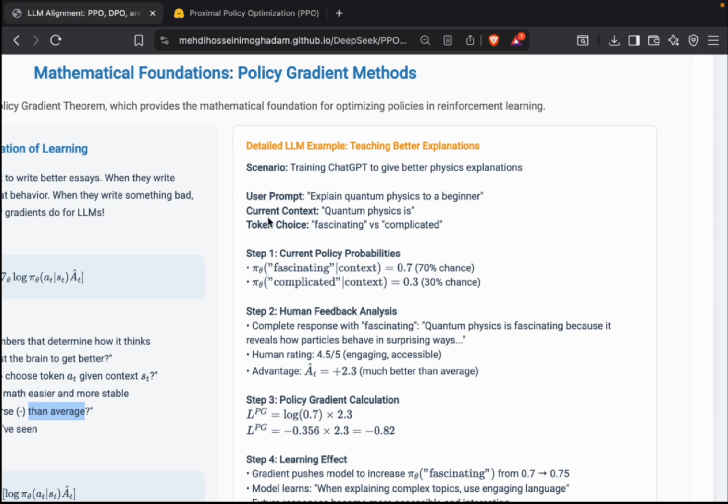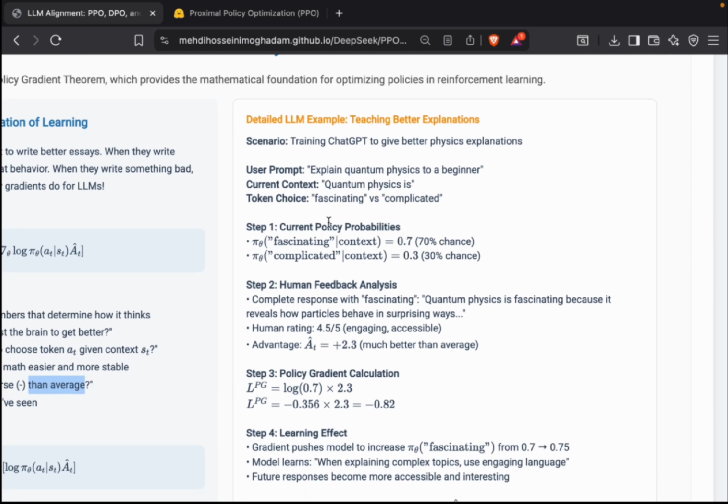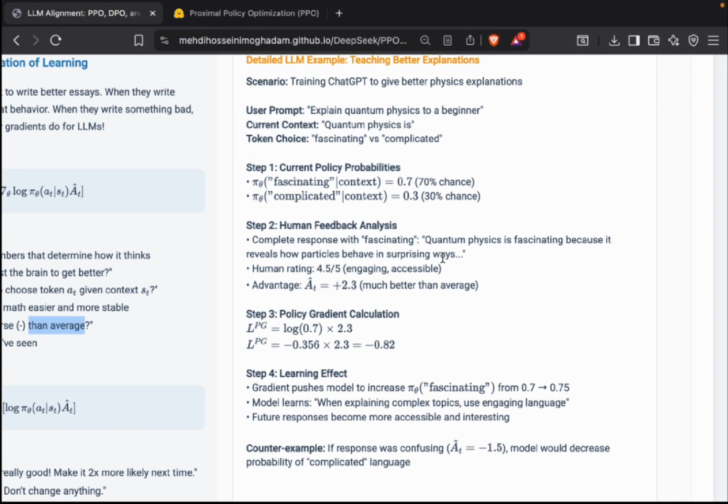The current context is "quantum physics is", and the next token of choice could be "fascinating": quantum physics is fascinating, or quantum physics is complicated. Imagine the current policy probabilities, given the prompt and the current context, are 70% for fascinating and 30% for complicated.